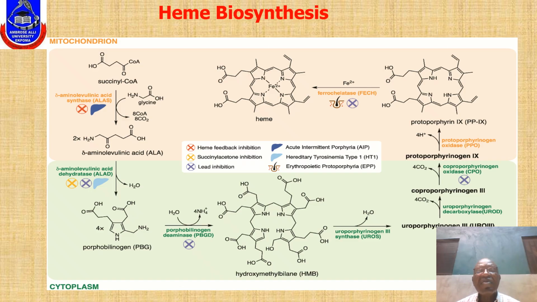Now, the seventh step is the formation of protoporphyrin 9, and the enzyme responsible for that is protoporphyrinogen oxidase. While the last step, which leads to the formation of heme, is catalyzed by the enzyme ferrochelatase.